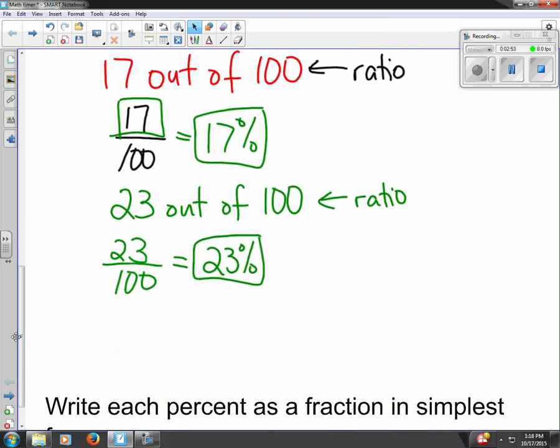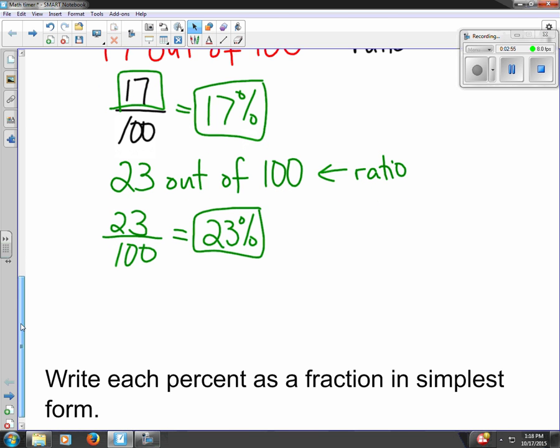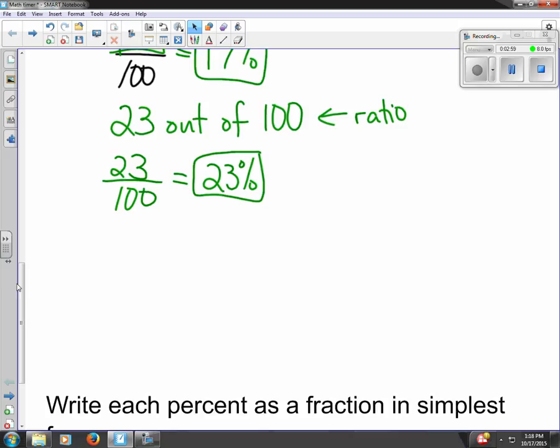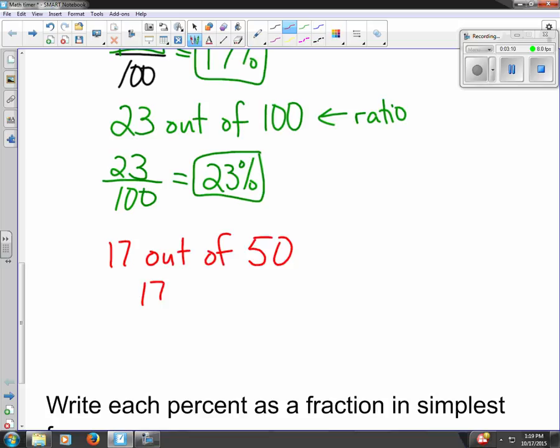Well, what happens if it's not out of 100? I'm going to show you. If I give you 17 out of 50, I'm going to write it as a fraction, 17 over 50, and I can't make it a percent until I get it over 100. So what did I do to go from 50 to 100?